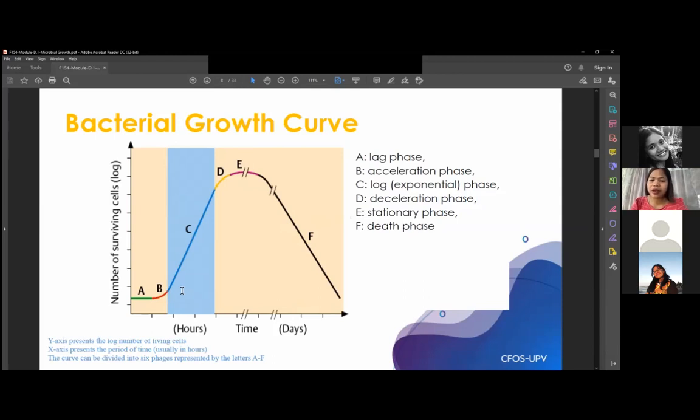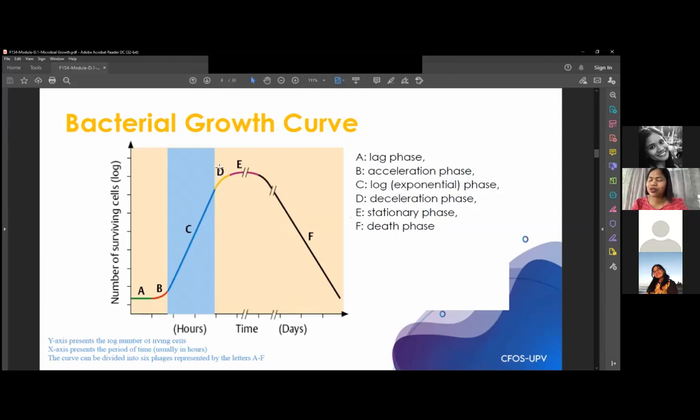Okay, and in graph C, this is what you call the log phase or the exponential phase. There is a rapid increase in number. So dito yung rapid na cell division. Okay? And then it will approach graph D, or the deceleration phase, wherein unti-unti marireach na niya yung equilibrium.